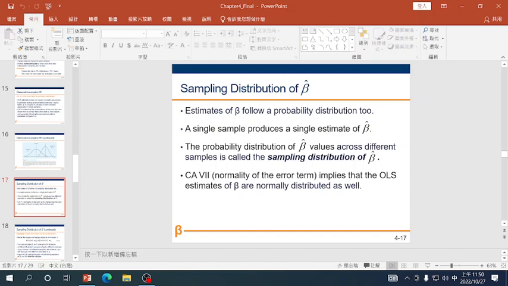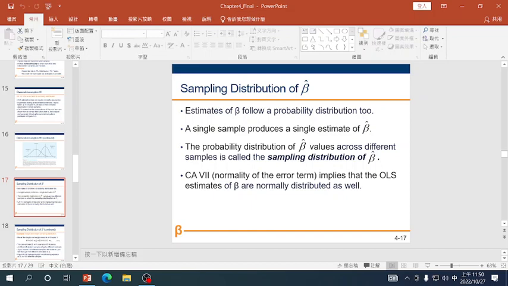If we have the assumption of normal distribution, and in statistics it's already proved, there are some properties of the sampling distribution of the beta hat. What do we mean by the sampling distribution? The probability distribution of beta values across different samples is called the sampling distribution of the beta hat.